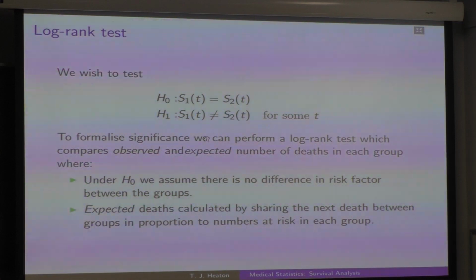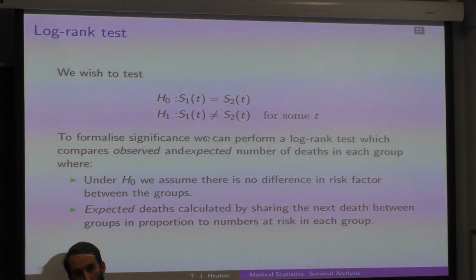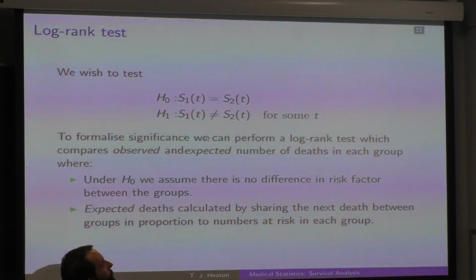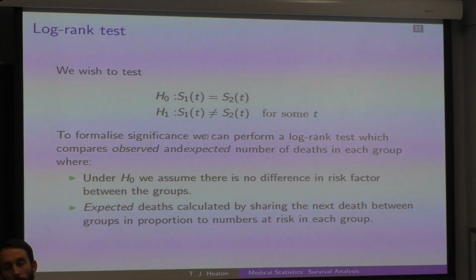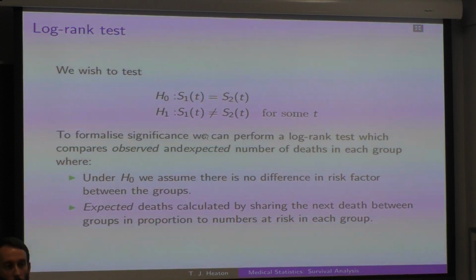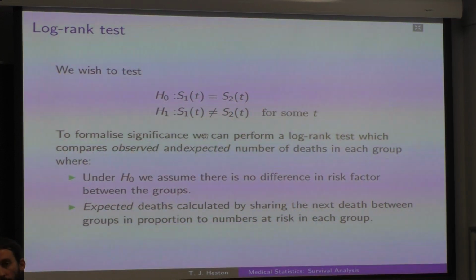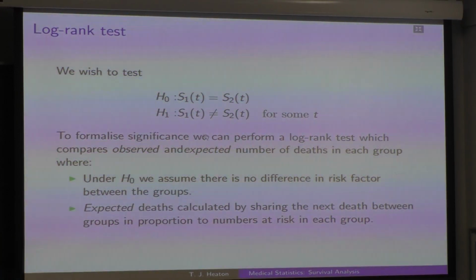What we're going to try and do is work out, if the null hypothesis were true, so there's no difference between the two groups, how many deaths would I expect to see in group 1 and group 2? And then I'm going to compare that with my actual observed number of deaths in group 1 and group 2. If what I observe is very different from what I would expect under the null hypothesis, that's going to give me evidence to reject my null hypothesis. Okay, so I've got a sort of picture to try and explain that.